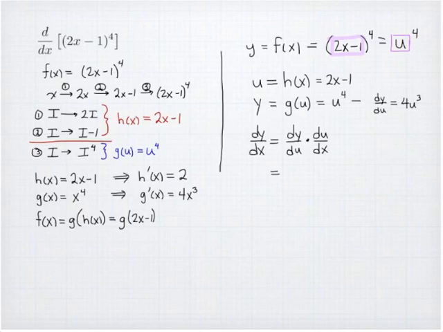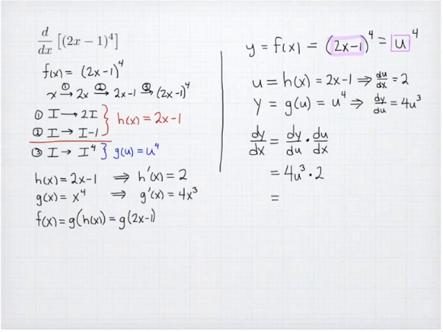Double arrow means implies. du dx is the derivative of 2x minus 1, which is 2. And so the derivative of y with respect to x is the derivative of y with respect to u, that's 4u cubed, times du dx, which is 2.